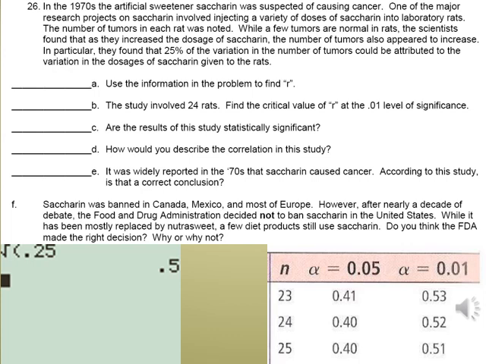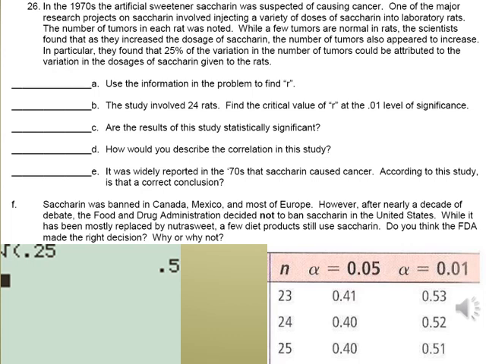Well, if you go to the table and you look up 24, you'll notice that the cutoff line that goes with 0.01 is R would be 0.52. The calculated number we got was 0.5. That's a little bit less than 0.52, and that's why no, this was not a significant result. So, yeah, the critical value is 0.52 on part B, and part C, no, it is not significant.